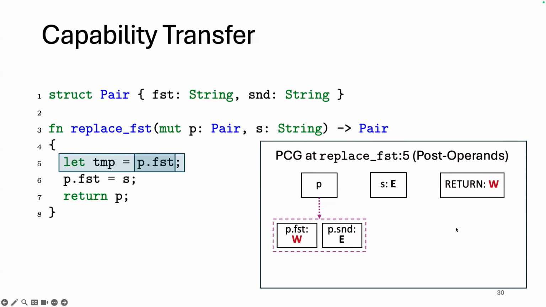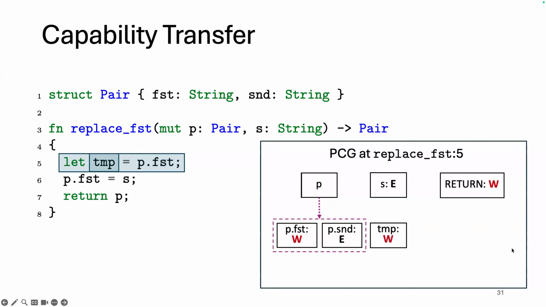And so that value's being moved out, P dot first becomes write only. And then for the left-hand side, because we're doing a new local variable declaration, the PCG introduces a node for temp with write only. And then because the value is being moved in, that gets upgraded to exclusive. So that gets us to this PCG at the end of statement 5.